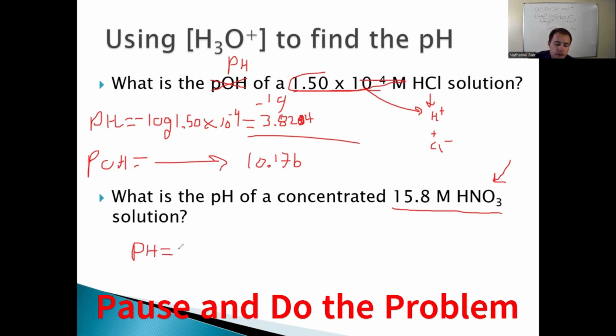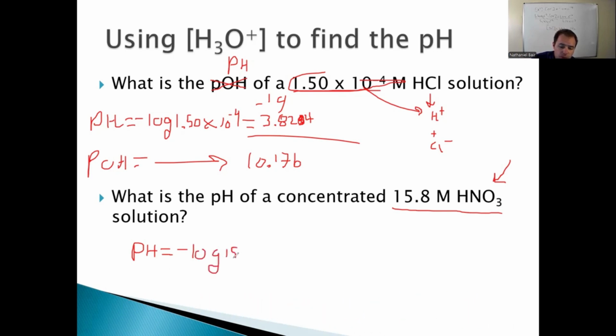So we're going to take the negative log of 15.8. That's going to be a negative, and we get to go 3 places past the decimal, so negative 1.199.